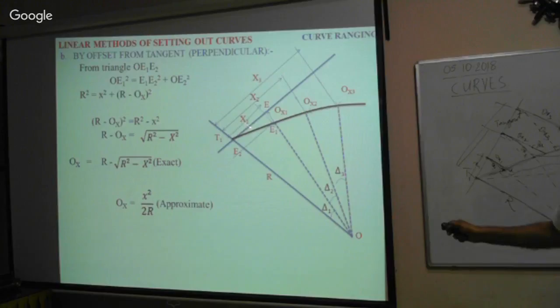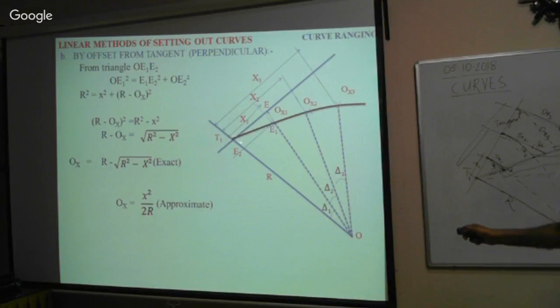A line parallel to this is drawn here. This is OX1, the perpendicular ordinate, the offset from the tangent. This is T1E1, here T1E2, and this ordinate OX is equal to OX.